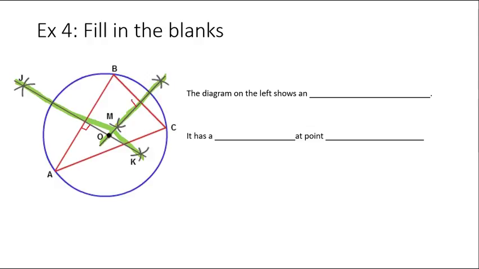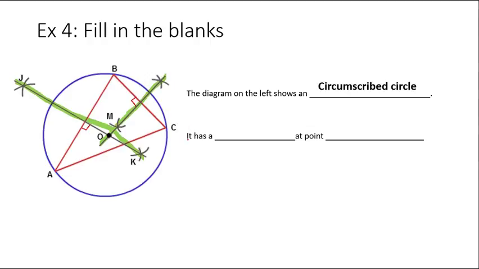And that's not shown, but that's what they form. And you see the circle is on the outside. So that means the diagram on the left shows a circumscribed circle because the circle's on the outside.